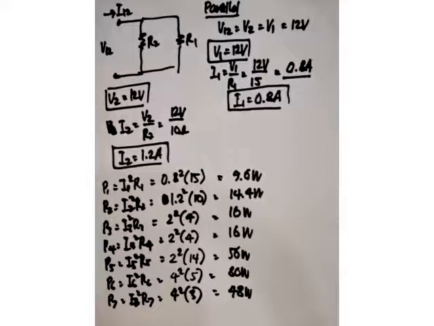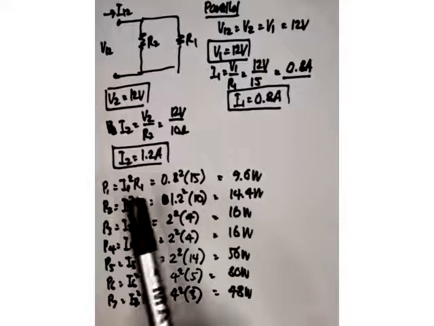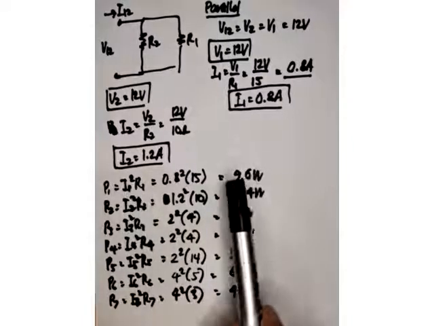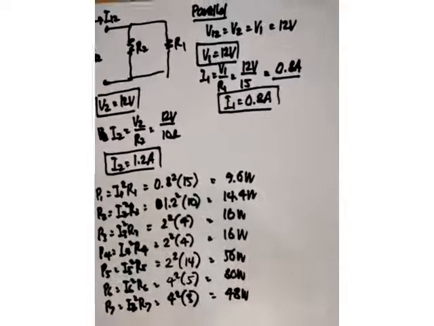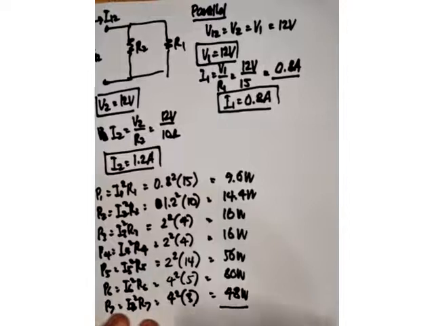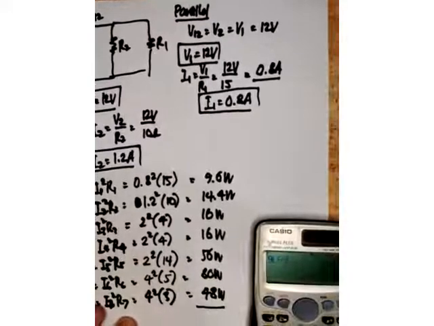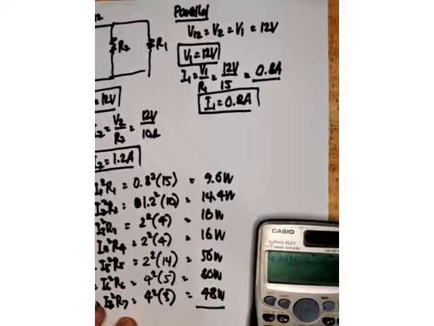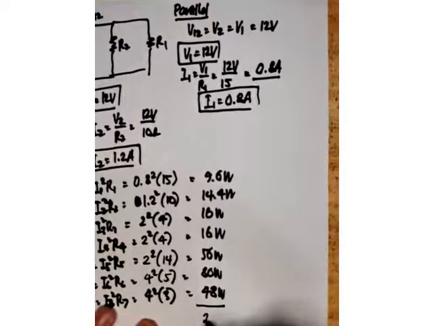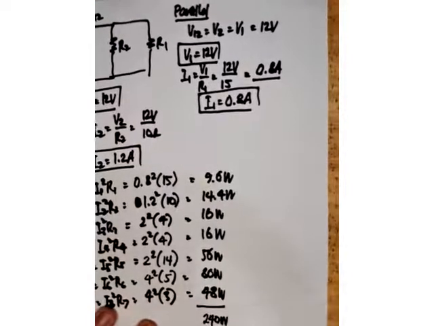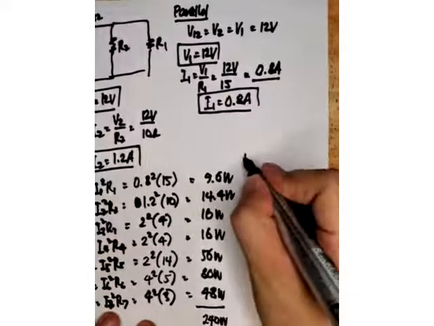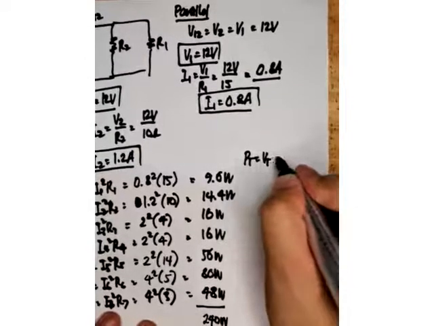Even though we were actually only asked to solve for power of 1, para masanay lang kayo na kinukuha ng lahat. Ngayon, kung gusto nating malaman if our answers are correct, we can check it through power. So, you can add all these powers absorbed by each resistor. Okay, so that's 240 watts. So that should be equal to the P total of V total times I total.